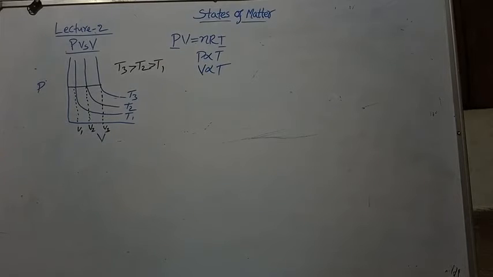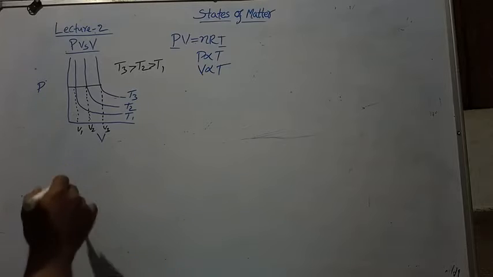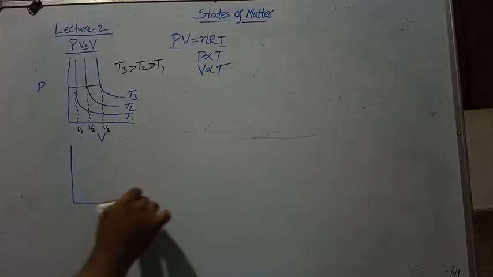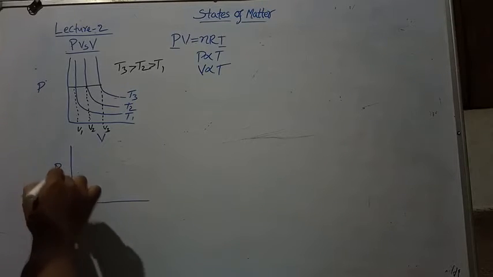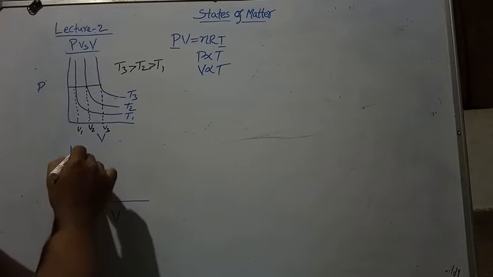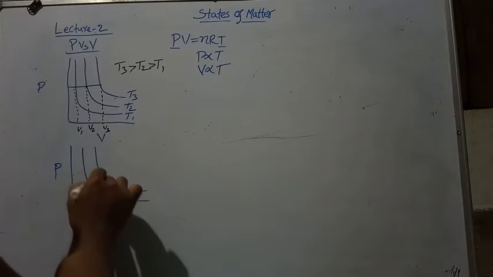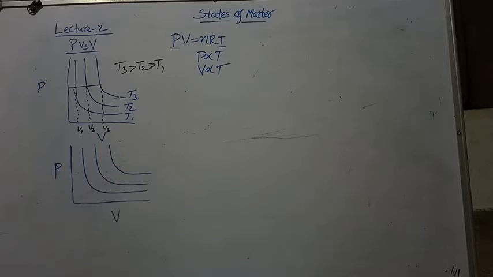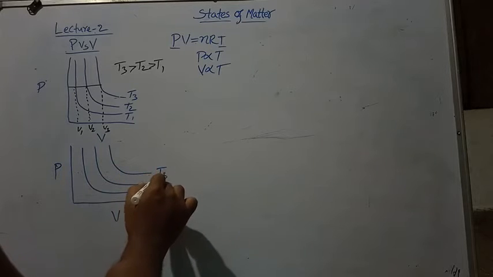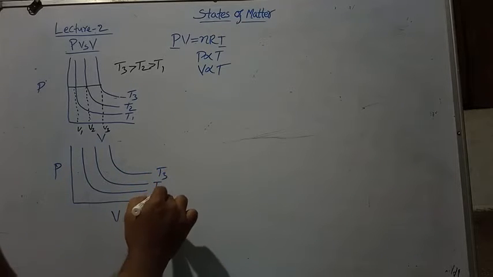Suppose you want to check in another manner, with the same graph, pressure versus volume. This is T3, this is T2 and this is T1.